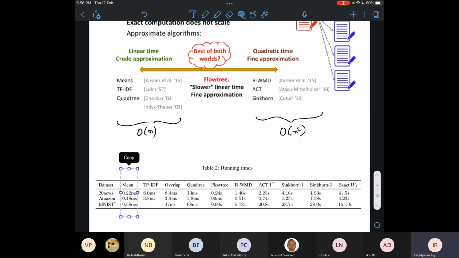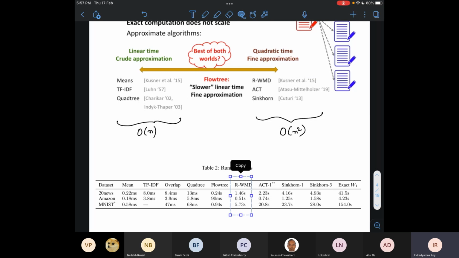The other approximation proposed by the WMD guys was this relaxed WMD measure, where they simply take the first set and map each element to the closest point in the second set. So it's very obvious that it won't satisfy any mass constraints. It just finds the closest projection in the other set.